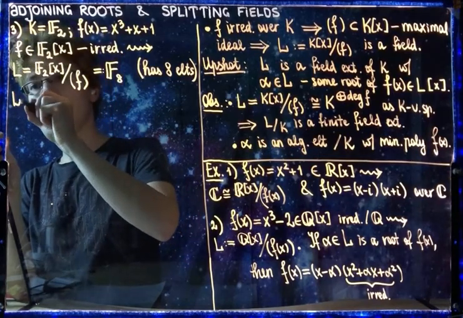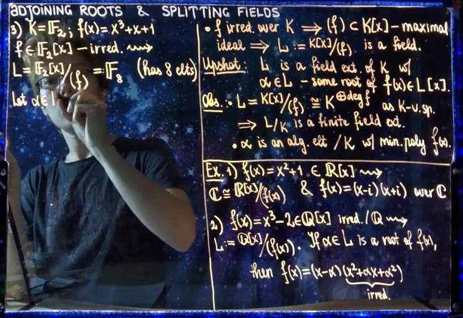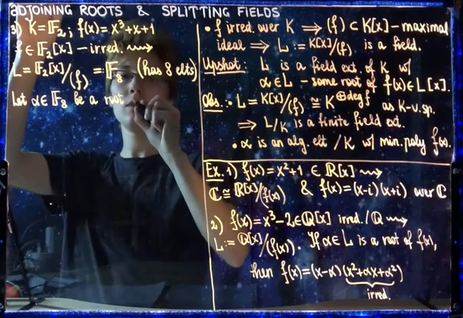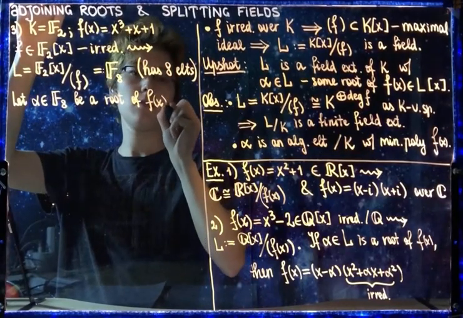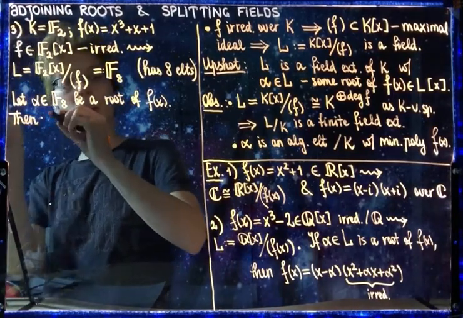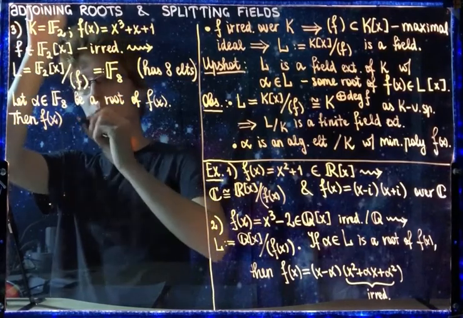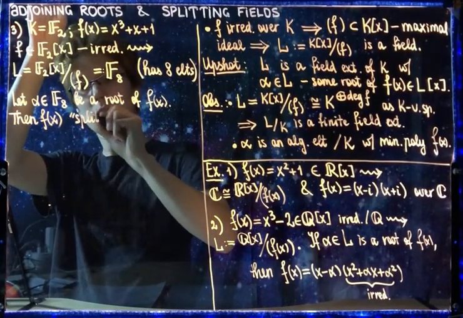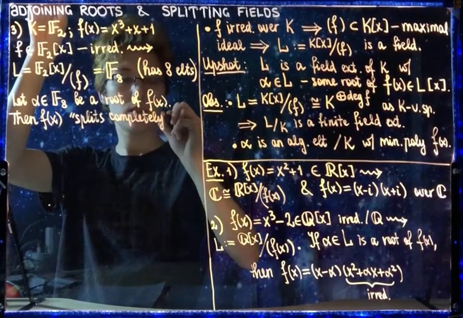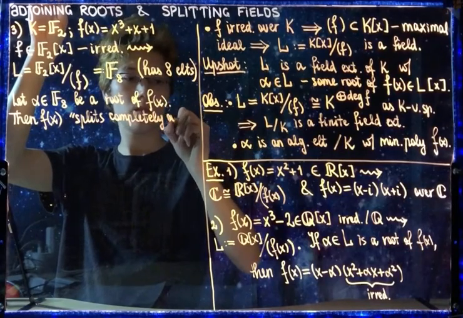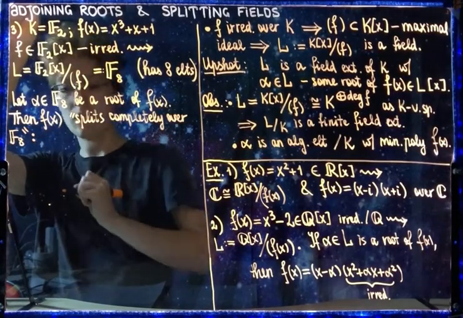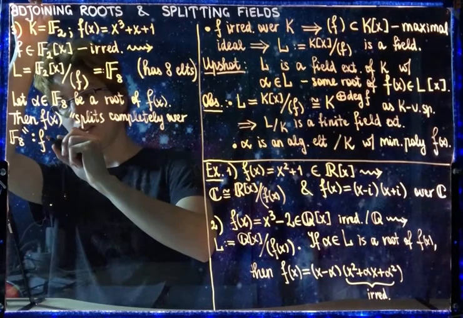And let alpha in F8 be a root of f. Then I claim that this polynomial f of x splits completely over F8, which means that I can split it into linear factors.